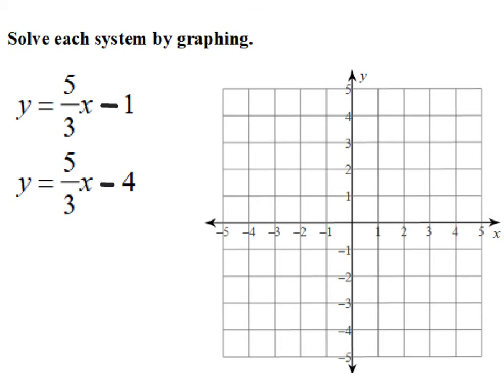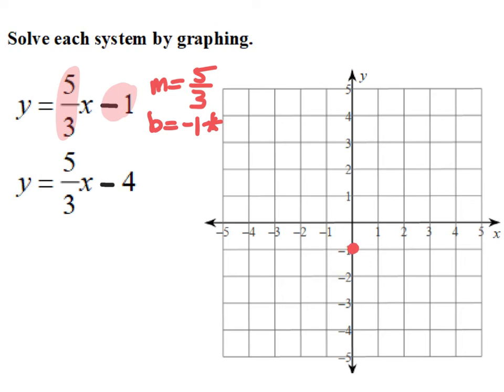So for this example, we are again going to solve by graphing each equation separately. So for the first equation, my slope is 5 over 3, and the y-intercept is negative 1. So I can start by graphing my y-intercept.